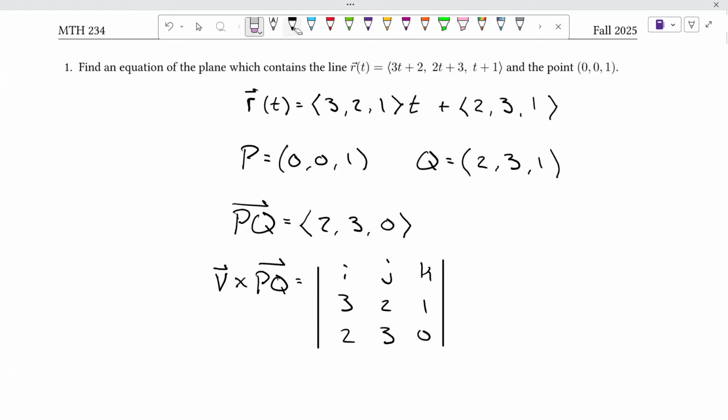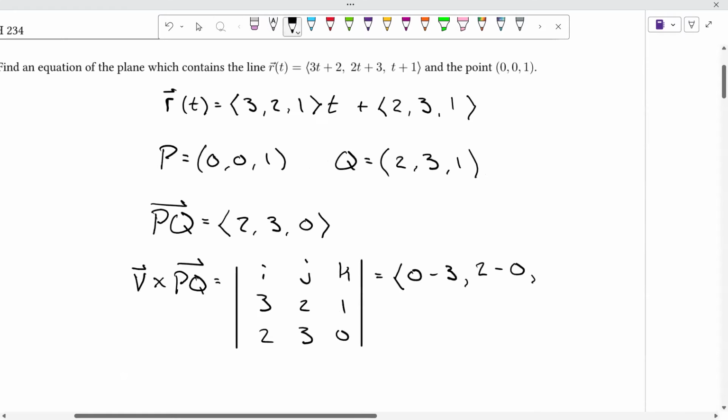All right, so let's calculate ourselves a cross product. So for the first component, I get 2 times 0 is 0, minus 1 times 3 is 3. Then I've got 1 times 2 minus 3 times 0. And then 3 times 3 minus 2 times 2, 9 minus 4.